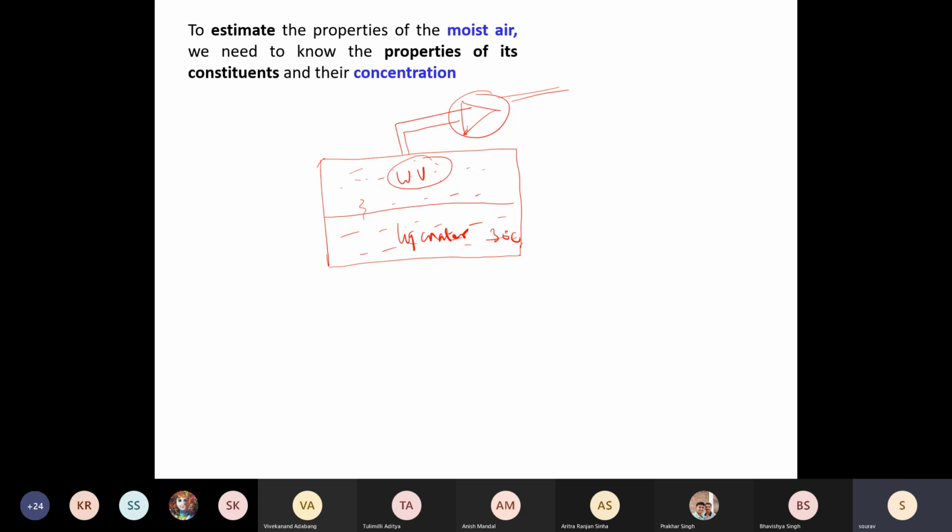Can anyone tell me? Liquid water is at 30 degrees. There is no air inside the system. What would be the pressure exerted by this water vapor?